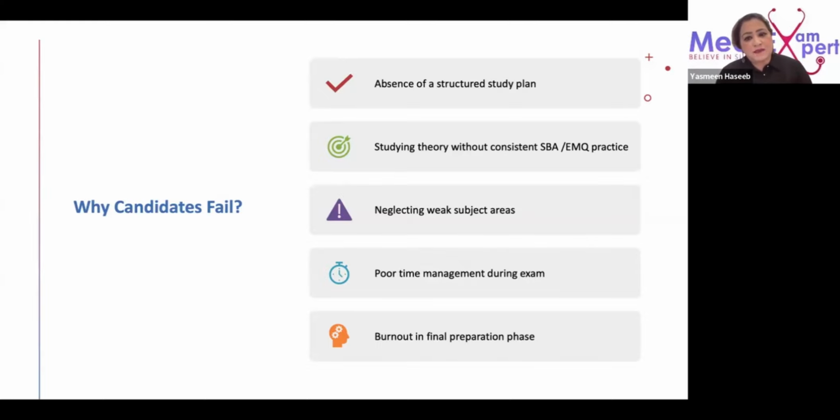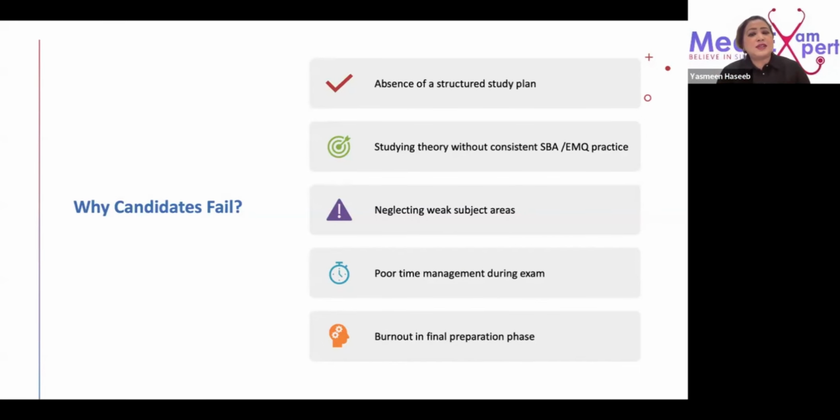And that's why every guideline is updated off and on. So you should know what a proper structured study plan is before you go ahead.